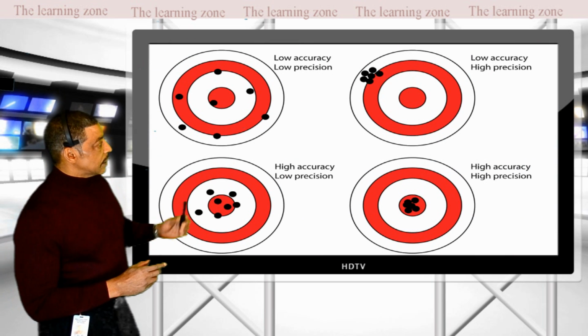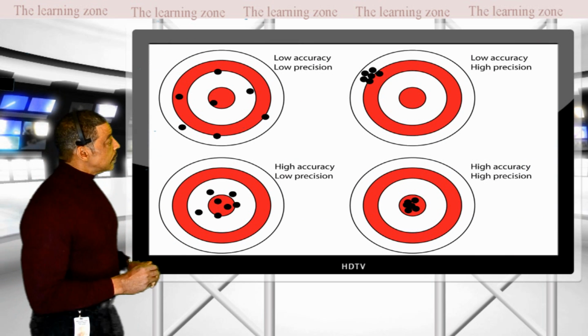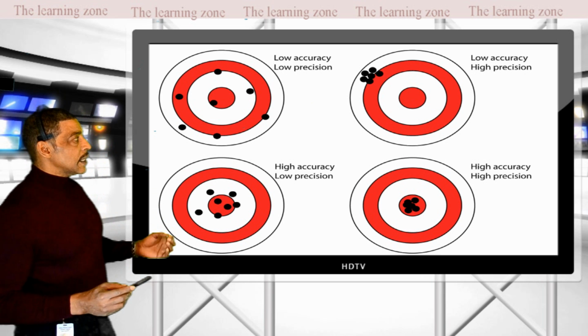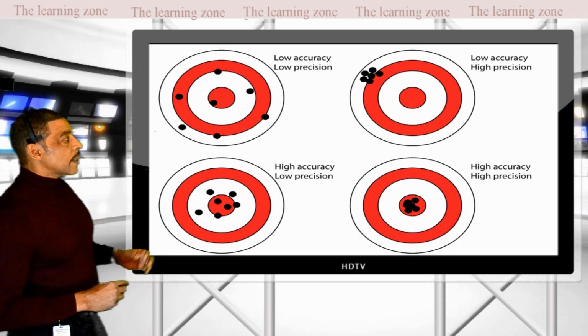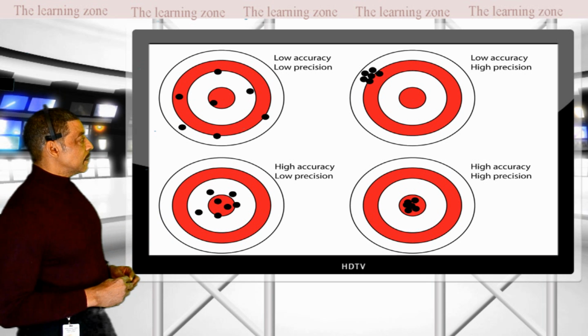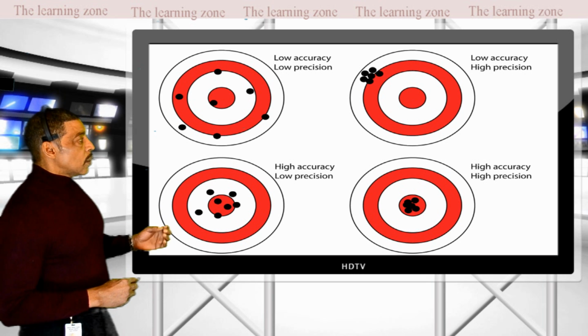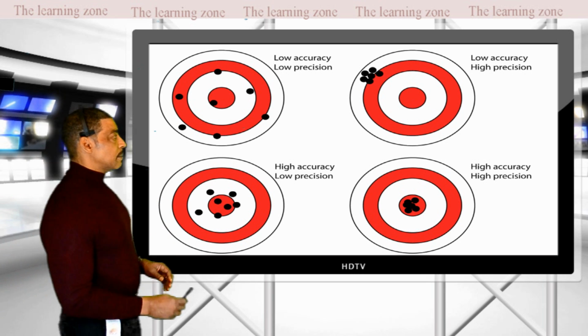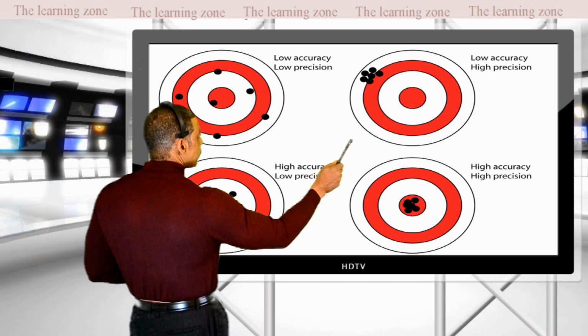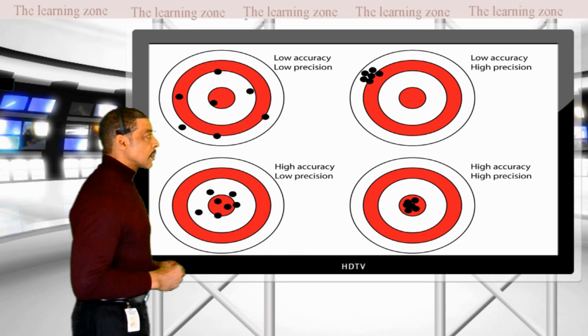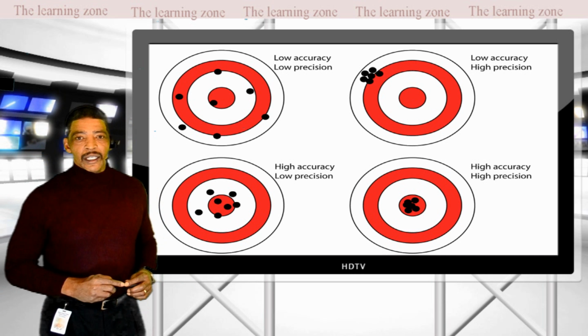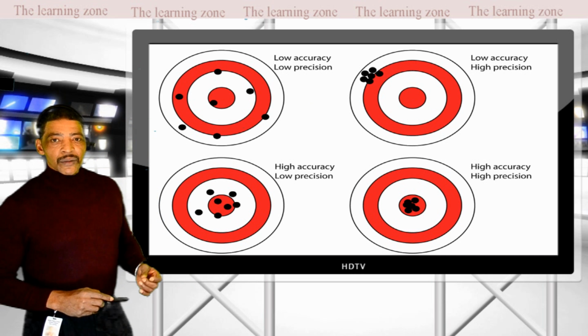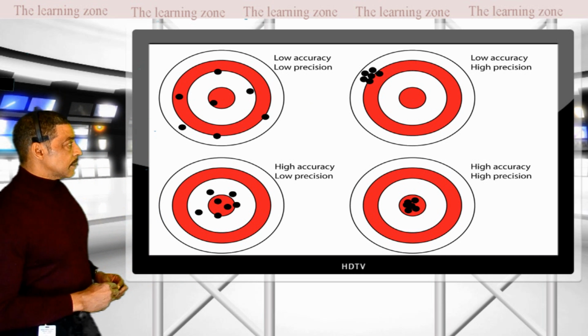Consider this target system, where on the left side we have examples of low accuracy and low precision. And on the right side we have an example of low accuracy and high precision. Clearly, these are examples that will generate inaccurate results.